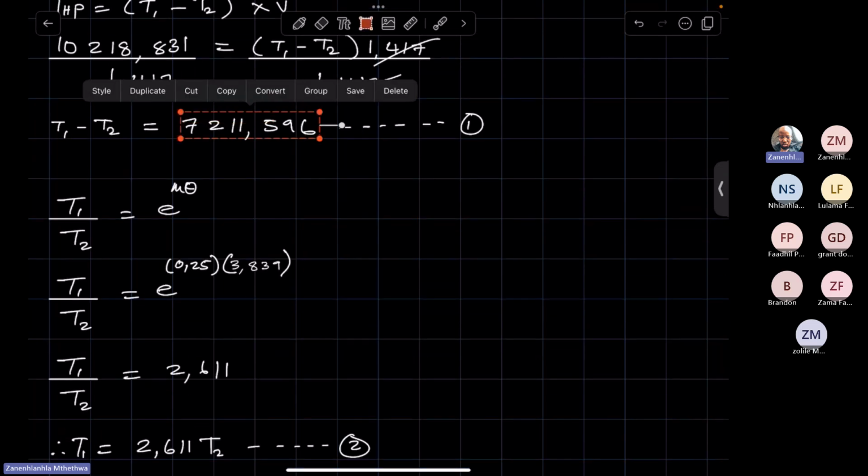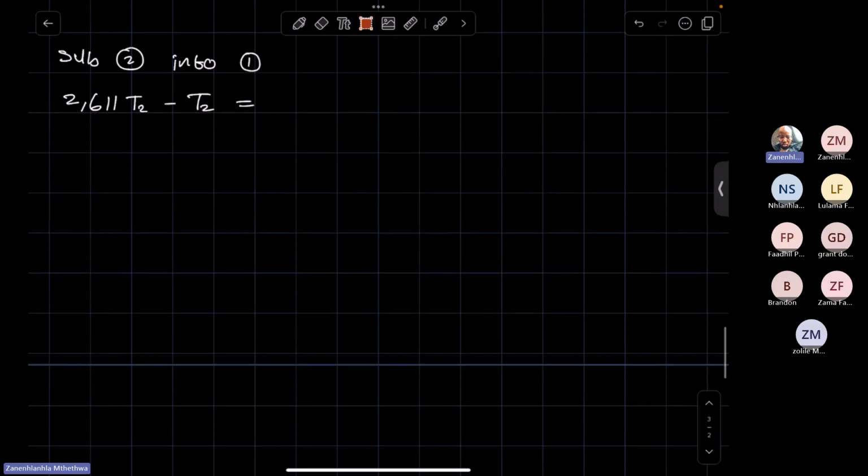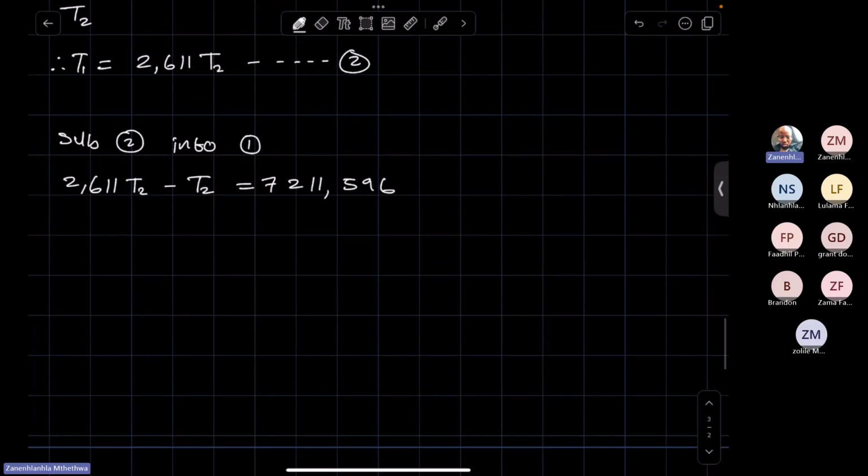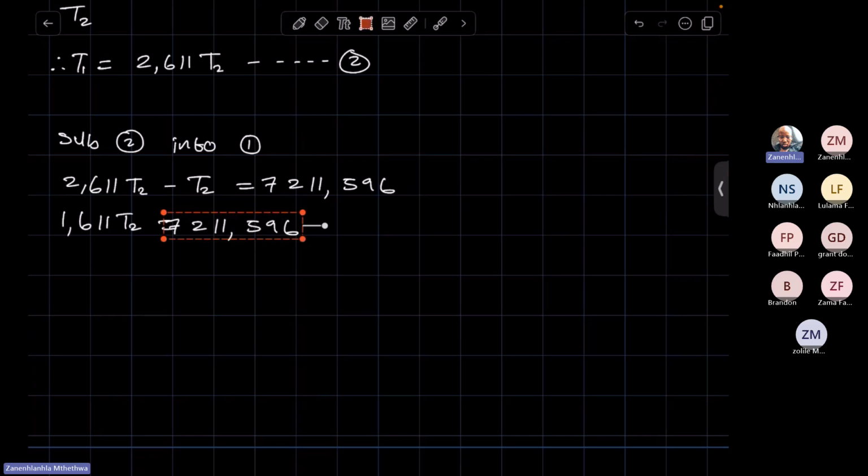So this is equal to this, right? So now in this equation, we only have one unknown. So we solve for the one unknown. 2,611 minus 1 is 1,611. T2 is equal to this here, right? So you're looking for T2, therefore you divide both sides by the 1,611.